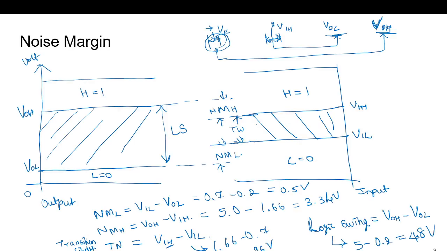Before solving this, we have seen VOH is greater than VIH, and VIL is greater than VOL. So usually VOH is greater than VIH, and this we can call the minimum, VIL the maximum point, and then VOL the maximum point.